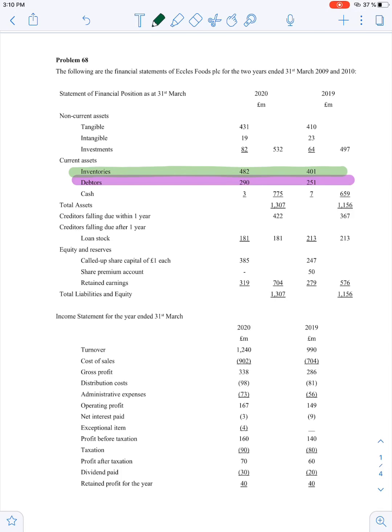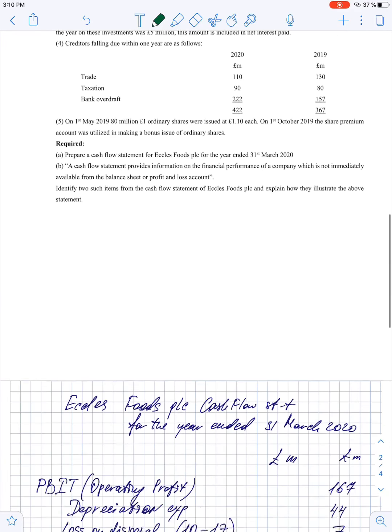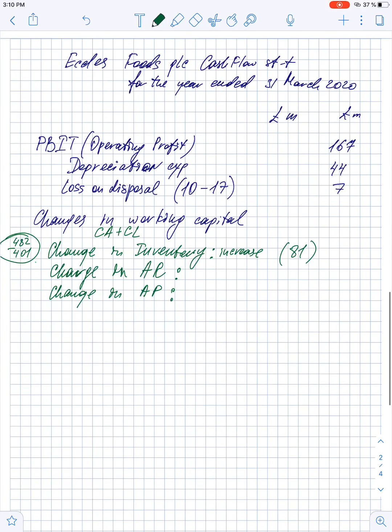So that increase in current assets, debtors, would decrease total cash available. So we'll write down increase one more time, and we have to deduct the difference out of the cash available, because an increase in current assets other than cash will negatively affect the total cash available in the company.